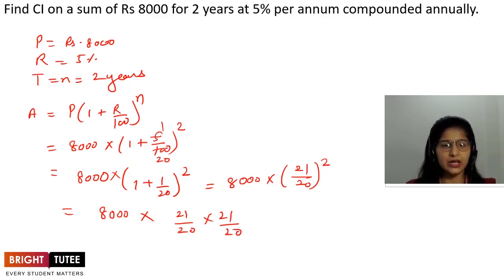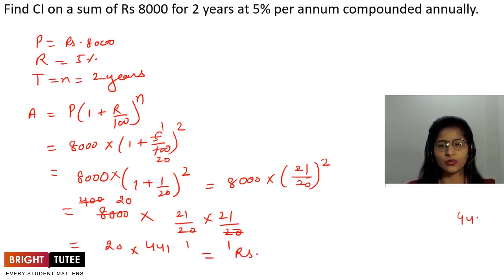Let's cancel it. 20 fours are 80, and then we have 2 zeros. Again 20 twos are 40 and 0. So 20 into 21 into 21 is 441. Let us multiply. We get the amount as rupees 441 multiplied by 20: 2 1s are 2, 2 4s are 8, 2 4s are 8, right? 8,820. This is the amount that is to be paid, right?